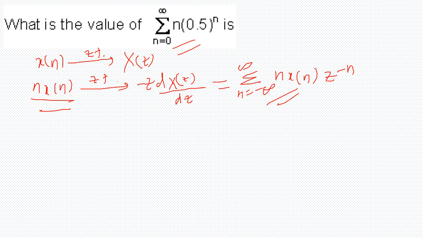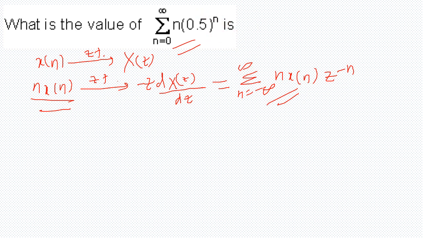The limit is from minus infinity to infinity, so the limit has to be made from 0 to infinity. And if we compare these two, if we put z equals 1 here, we can get a similar expression where x of n may be the same as 0.5 to power n. Also, to make the limit from 0 to infinity, it should have u of n with it.